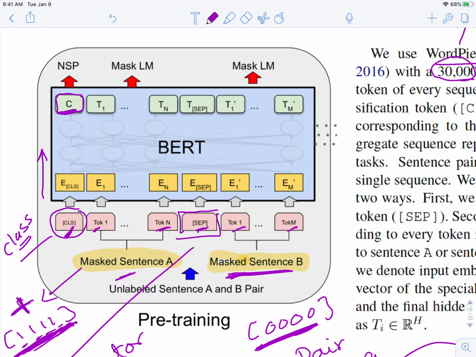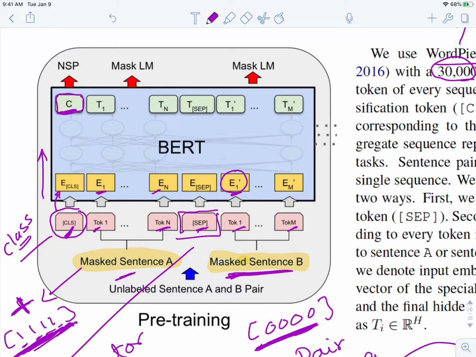What else do we need to know here? Well, we embed this artificial token, so E of CLS, but then we also embed each token in the first sentence. And E here is just for embedding. We also embed each token in the second sentence, sentence B. We just call it E subscript 1 prime here.